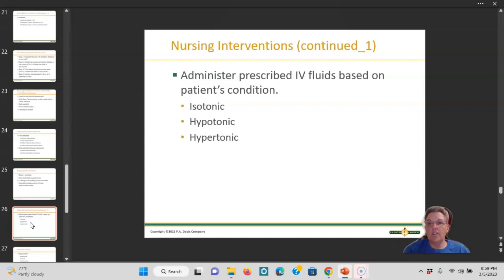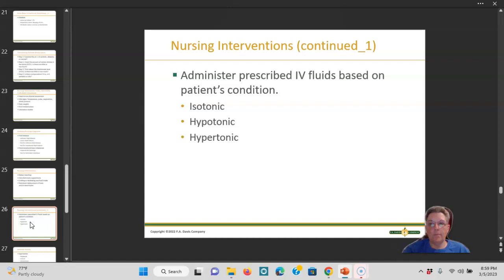Hypertonic, just consider that like major salty fluid. So there are some medications that we give, especially in traumas, intracranial pressure. If you had a lot of fluid on your brain, we would give you a special IV fluid that's super salty.